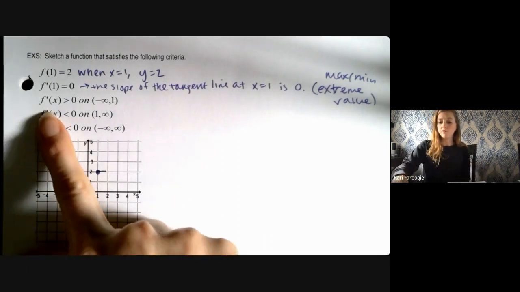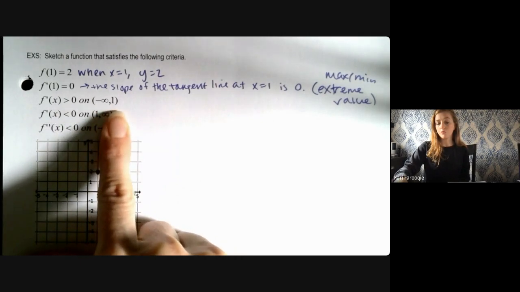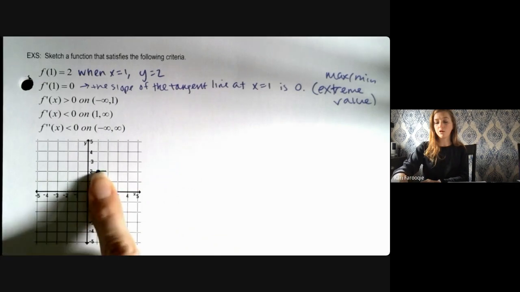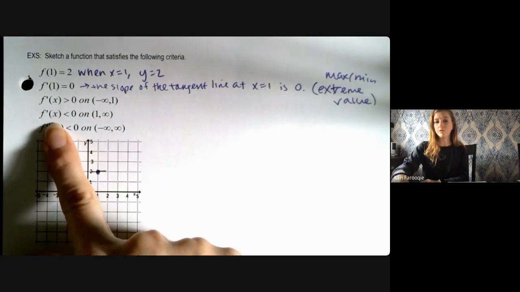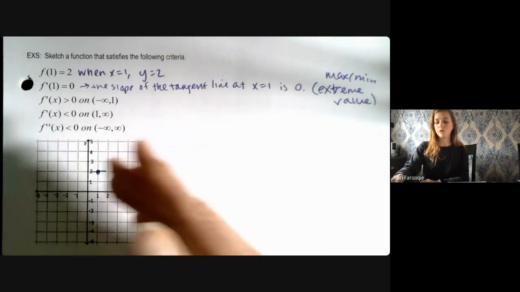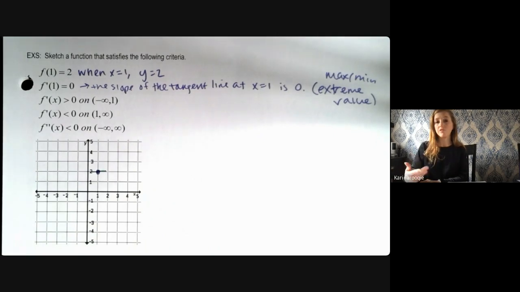The derivative, or the slopes, are positive from negative infinity to 1. Okay, so that means that the slopes of the tangent lines are positive. It must be the case that f is increasing up to x equals 1. And then we know that the slopes are negative on 1 to infinity, or I could say that f is decreasing from 1 to infinity because the slopes of the tangent lines are negative.